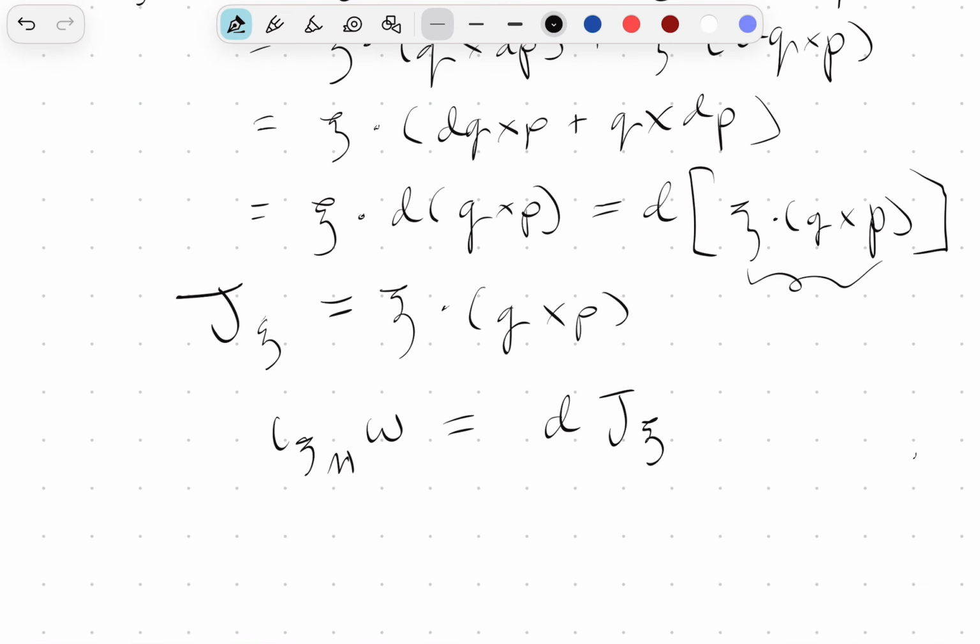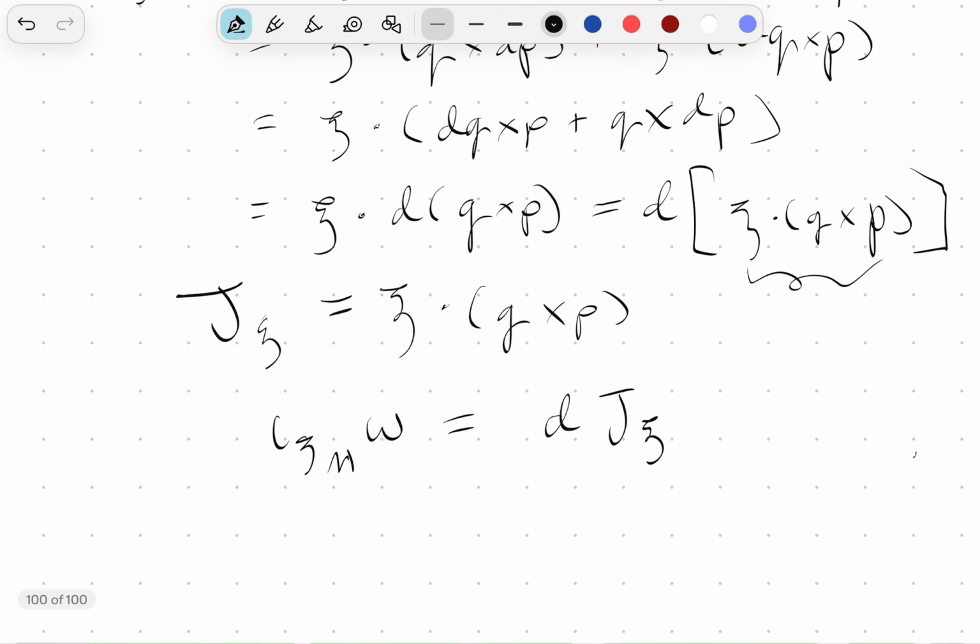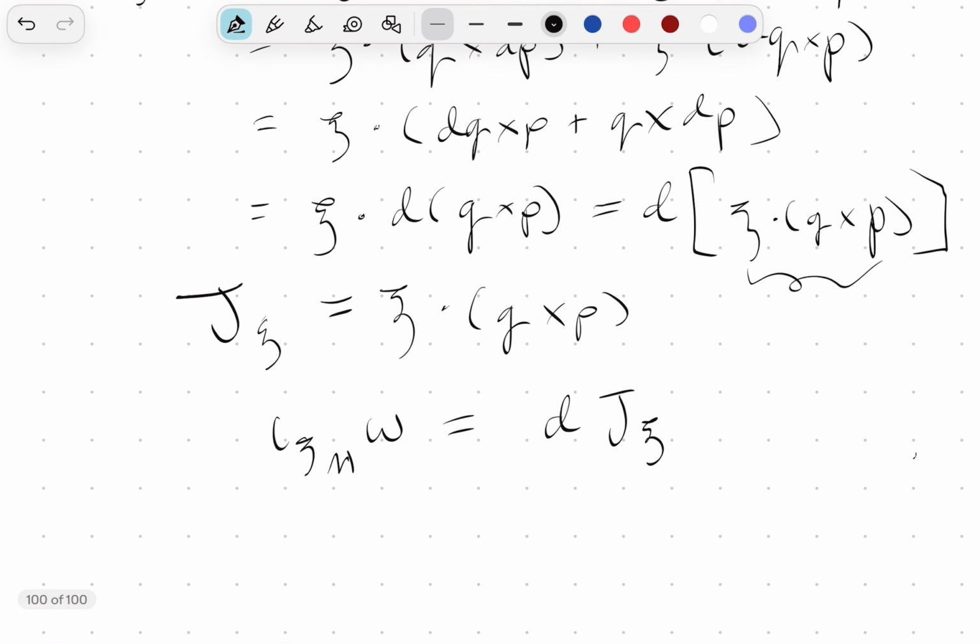It's the derivative of the momentum map for the rotation. And if we choose a basis for C, let's say e_x, e_y, and e_z, then that will yield 3 components of the angular momentum. So we would get some L.